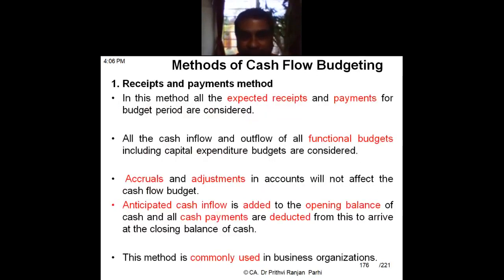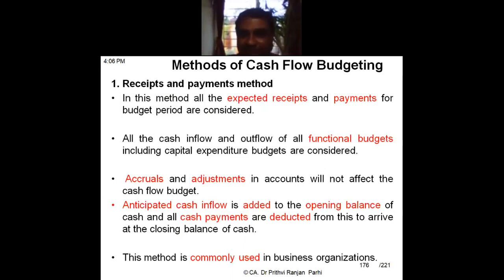First is the receipt and payment method. Here, expected receipts and payments are considered. That means we do a budget. We try to estimate what will be the receipts in future periods and what will be the payments. How will we be able to estimate? We prepare various kinds of functional budgets. For example, if a sales budget is prepared, we'll be able to know how much money can be generated from sales.